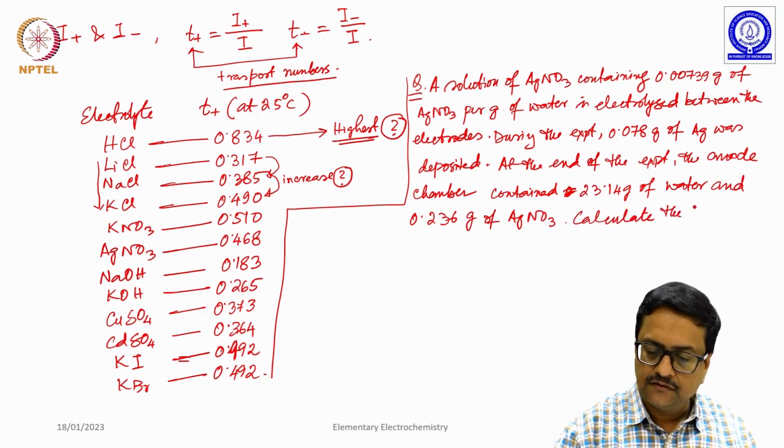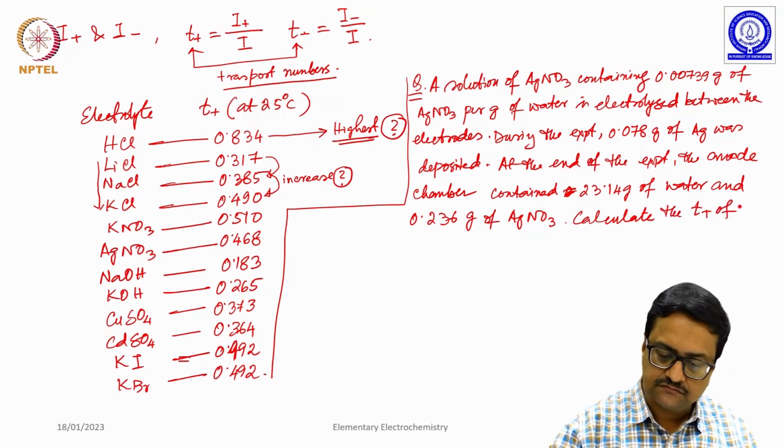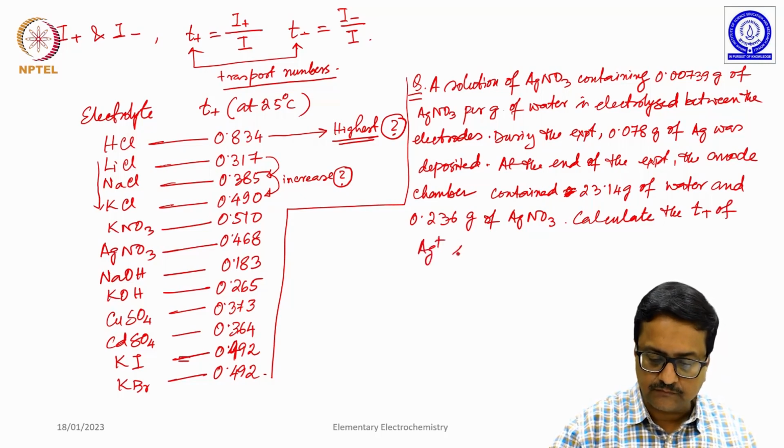Calculate the transport number, that is T plus, of Ag plus ion.